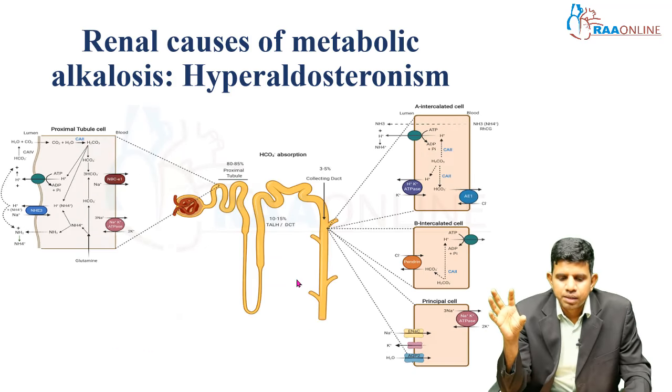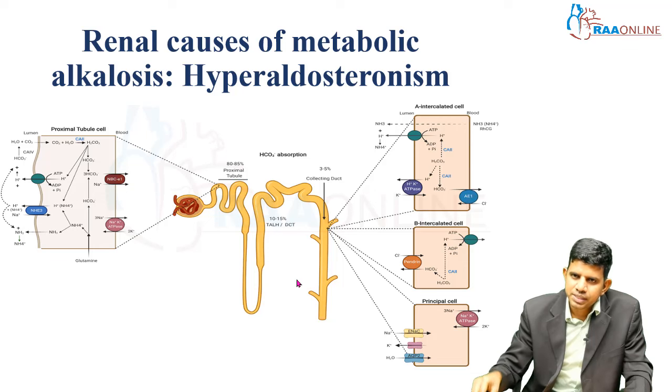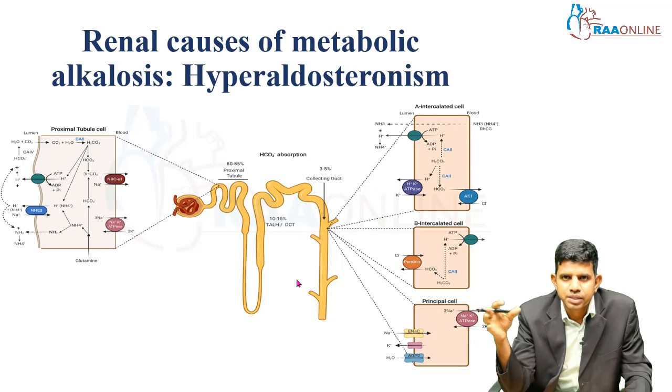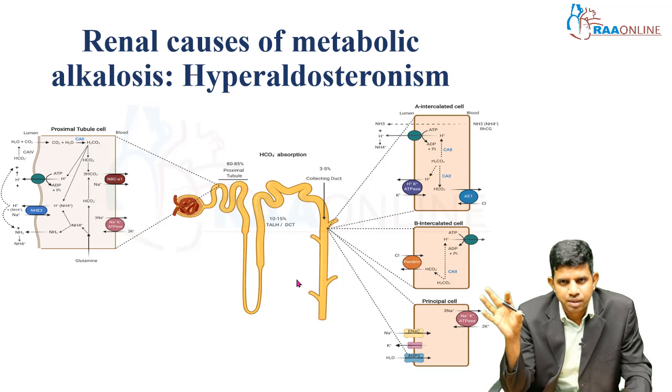So, how do some renal conditions cause metabolic alkalosis? I already told that in GI causes, low volume status causes and maintains the metabolic alkalosis. But for example, if I had trauma or lost 1 to 1.5 liters of blood, this is also a hypovolemic, hemorrhagic shock condition, but those patients won't develop metabolic alkalosis.